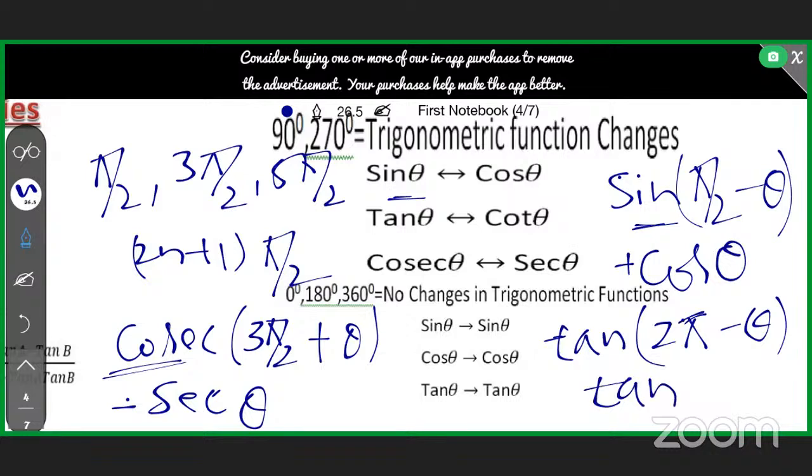Now the angle is theta. Now I have to see the sign. 2 pi is 360, so 360 minus theta means my angle is less than 360. That means tan is in the fourth quadrant. In the fourth quadrant, is tan positive? No, tan is negative. Therefore, I'm putting minus tan theta.